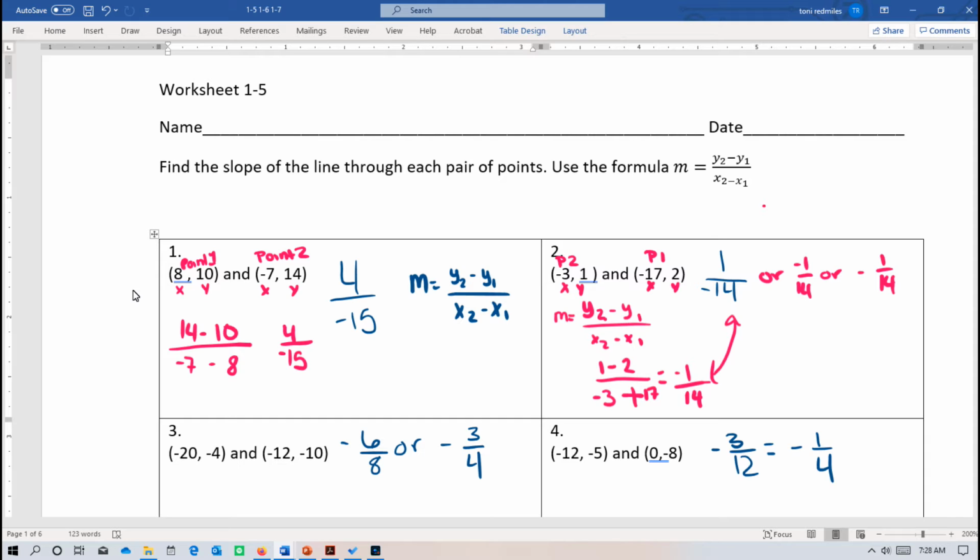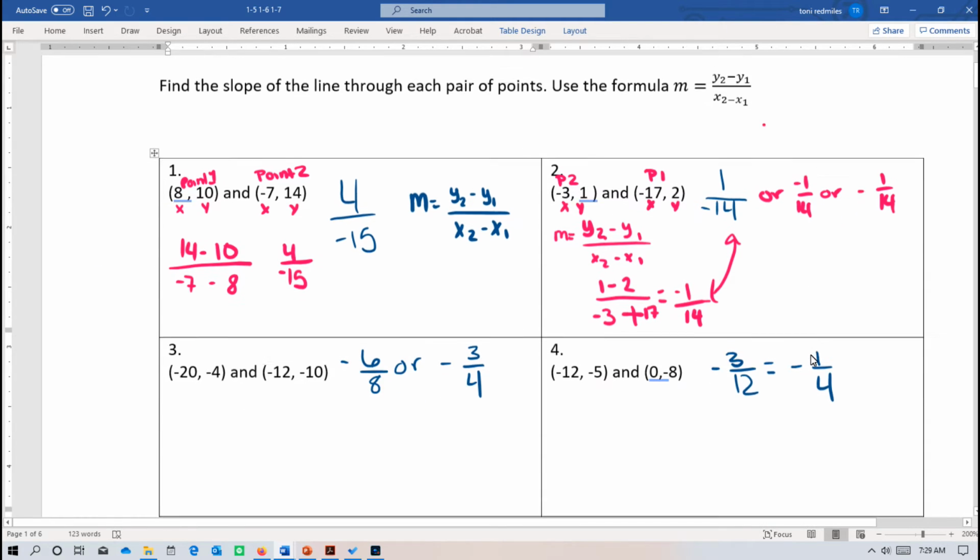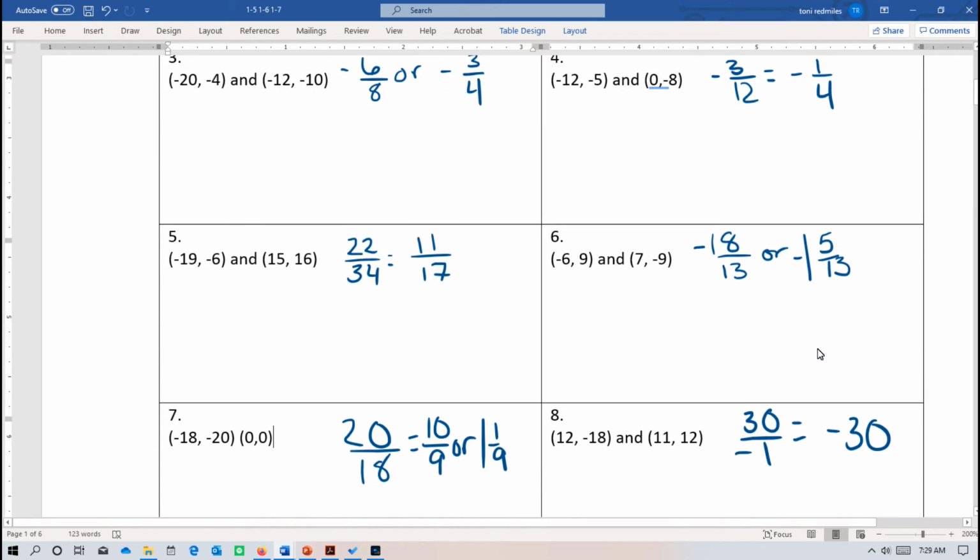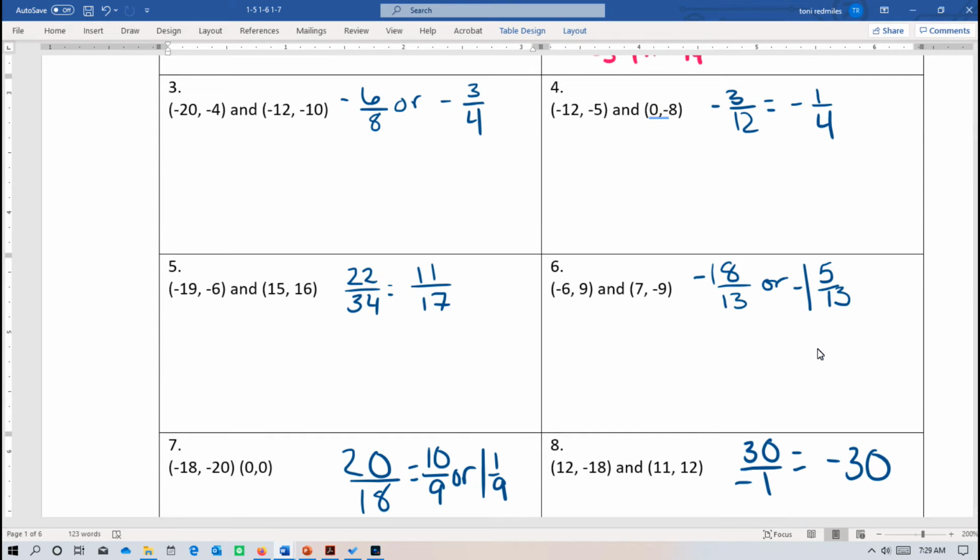It doesn't matter which one of them are negative to make the whole fraction negative, okay? You just have to pick one. All right, so I'm going to go back to this is point 1 and this is point 2 because reading from left to right, that is probably generally how you're going to do it. I just wanted to show you that we get the same answer, okay?